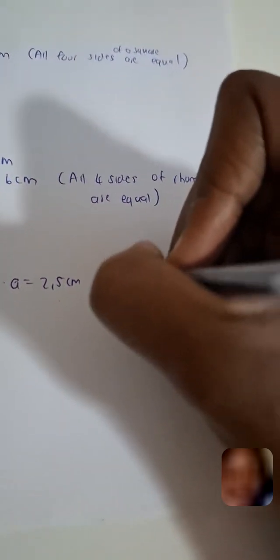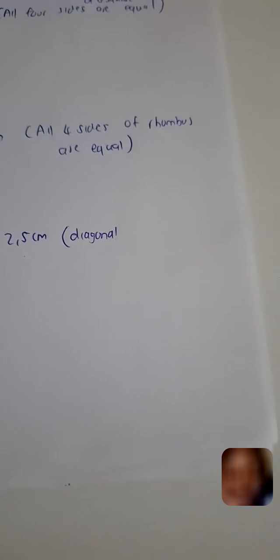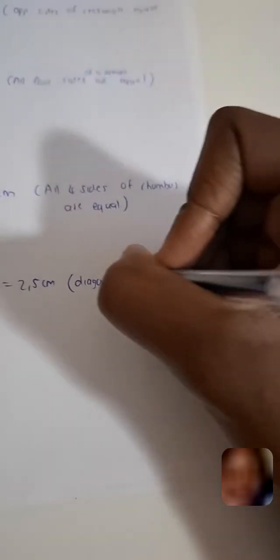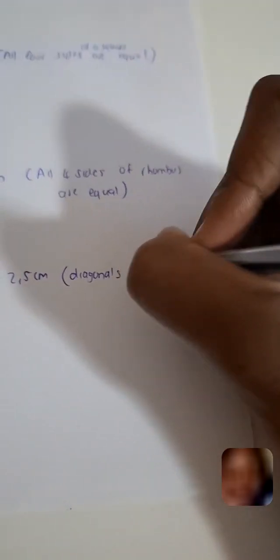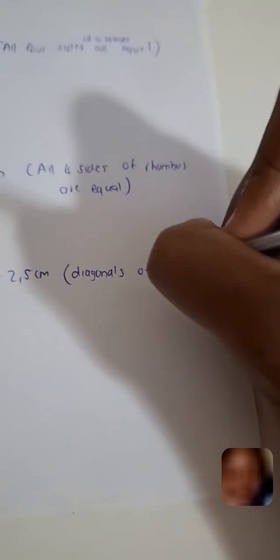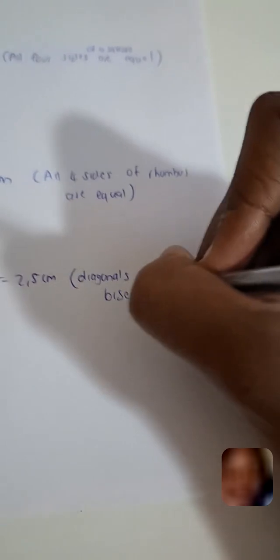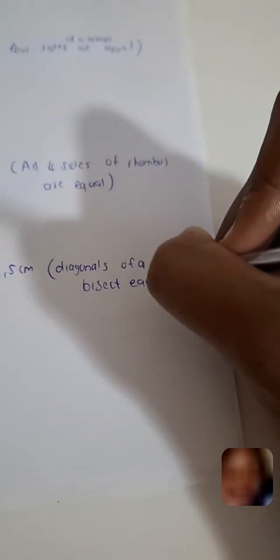Thank you, Kia. Diagonals of a parallelogram bisect each other.